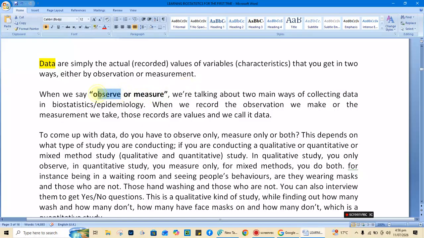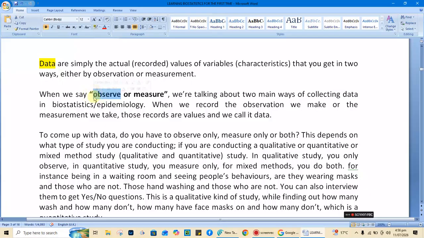The data that you get by observing is what we call qualitative data. It shows you how your recordings are distributed across different people. When you get data by observing, you are not using any instruments at all, only your naked eyes.